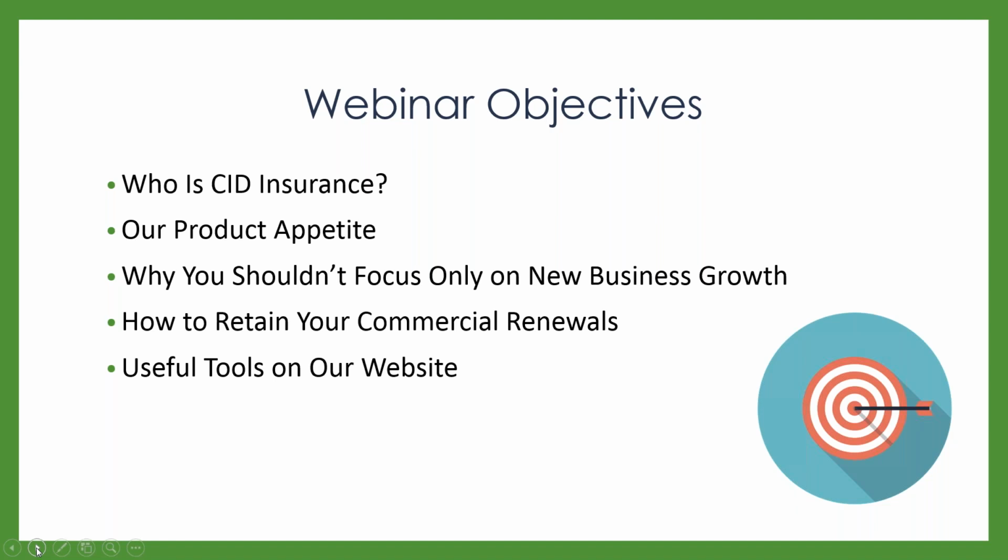But then I also want to go into a little bit of the whole process of new business versus renewals and some pointers that will help you maybe set up your systems within your agency and that will help you be more efficient and grow your book as well. And then last, I'll share some tools that you can find on our website.